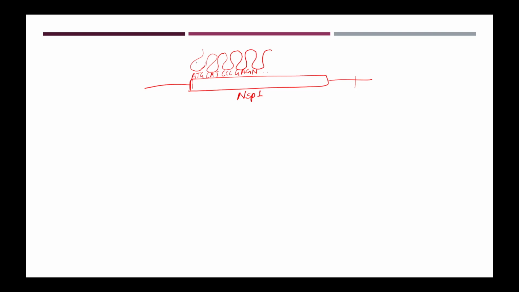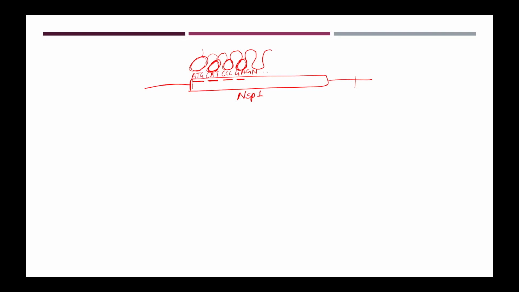This particular zinc finger motif recognizes these three bases. Another one recognizes these. The next series recognizes this. Another one will recognize this. Now you have recognized the location where you want to make a cut.